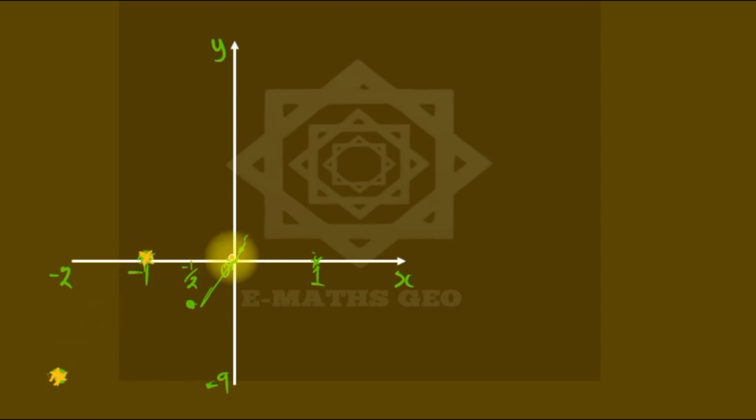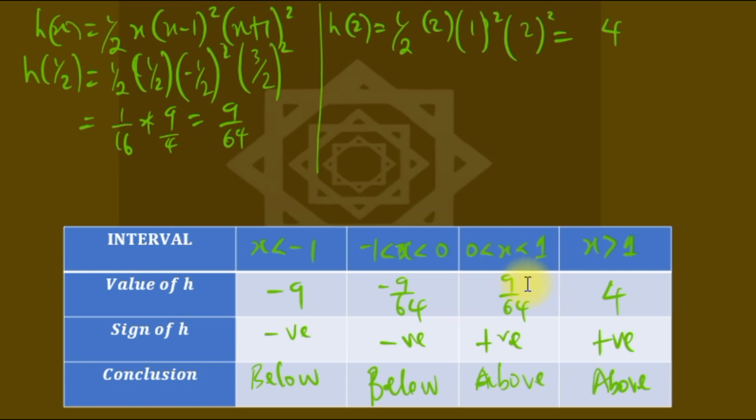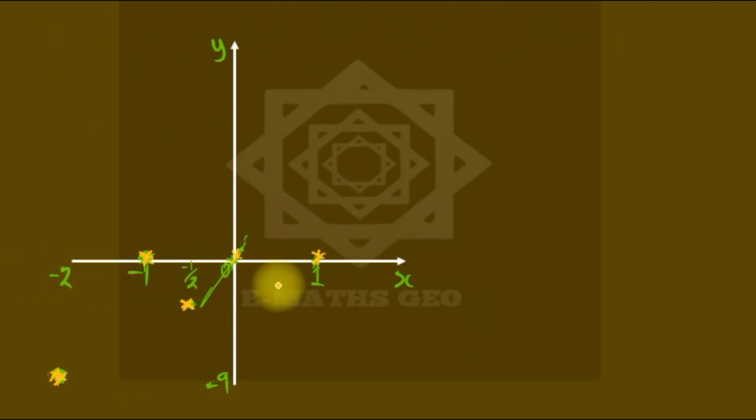Between 0 and 1, I got 9 over 64, which is positive, 0 point something, almost the same length. So somewhere here is x equal to half.